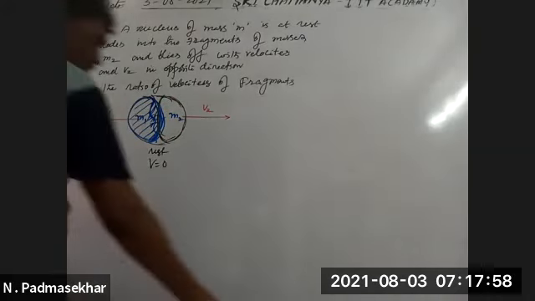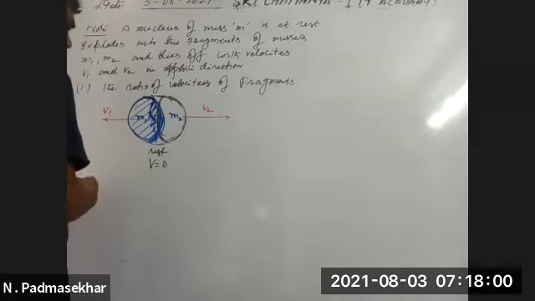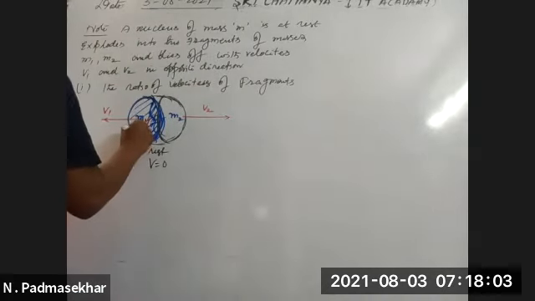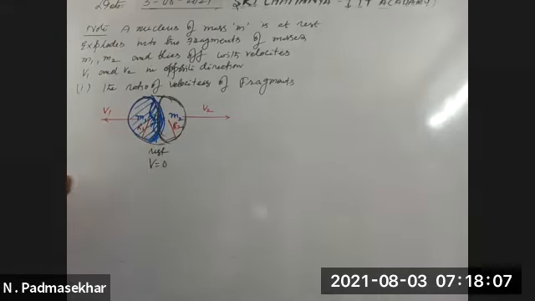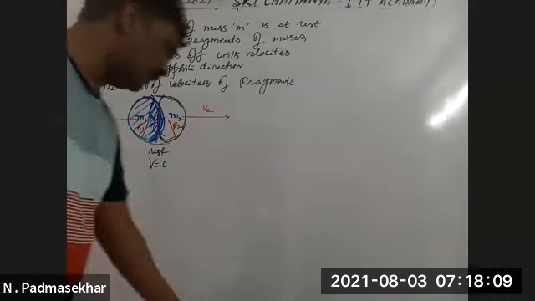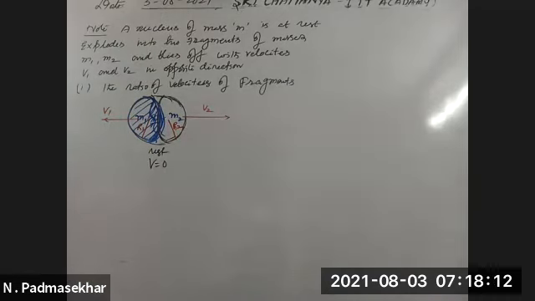Suppose the radius of this one is R1 and the radius of this one is R2.